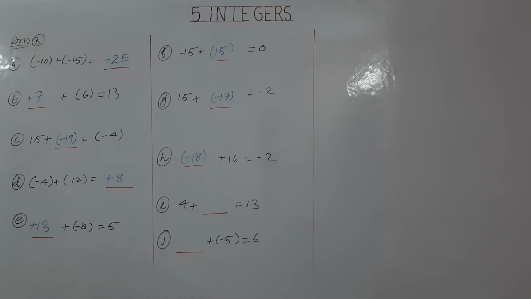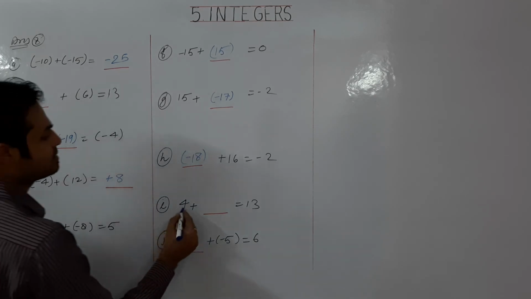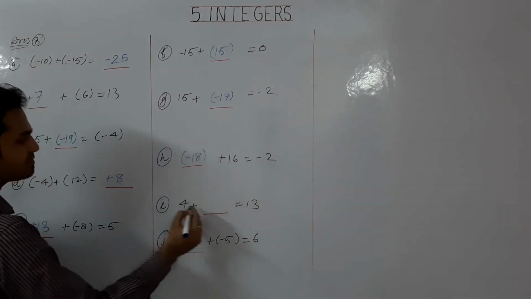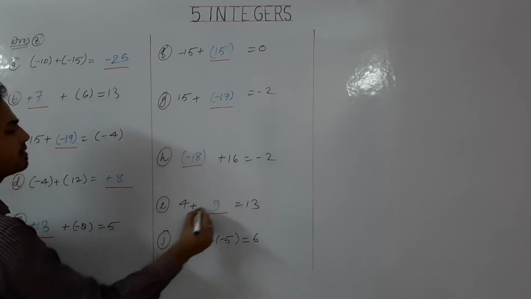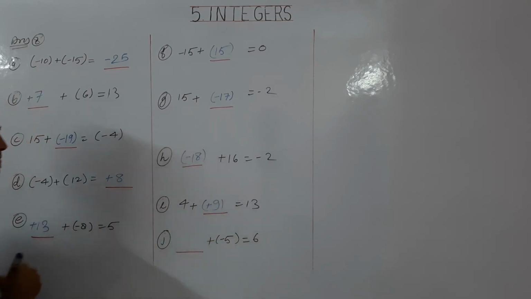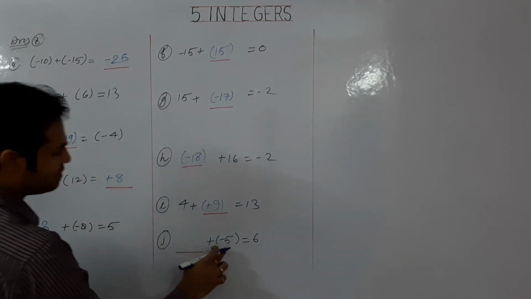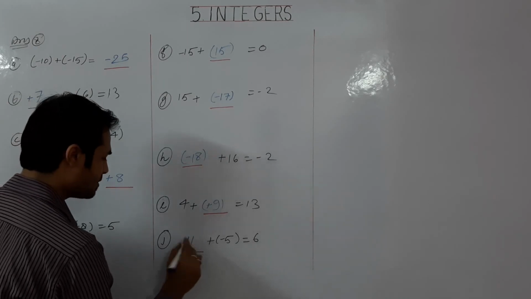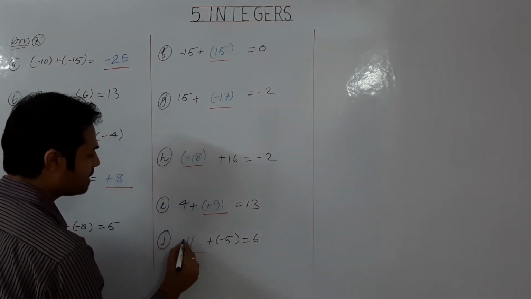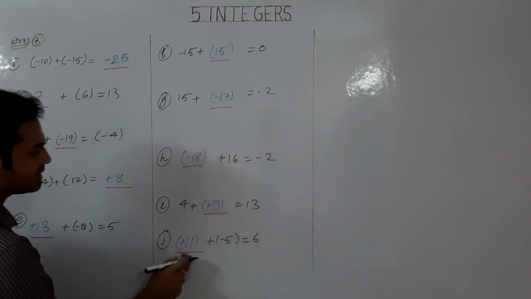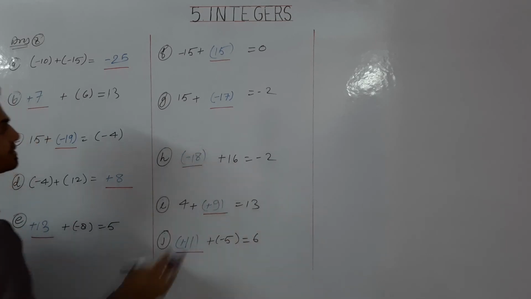Then 4 plus missing number is 13. Just change its place: 13 minus 4, 9, or plus 9. Then last, minus 5 plus missing number is equal to 6. Changing its place, the answer is 11, or plus 11. So 11 minus 5 is 6.